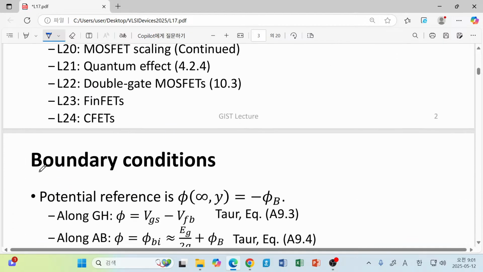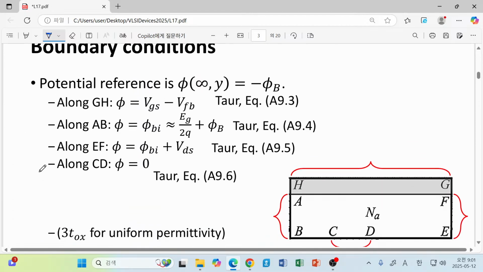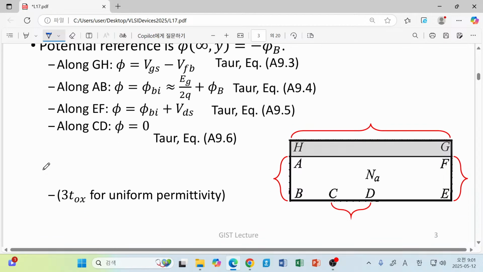So that is continued. If you remember correctly, that was the magnified view of our solution domain. This corresponds to the silicon dioxide layer, and here we have silicon.